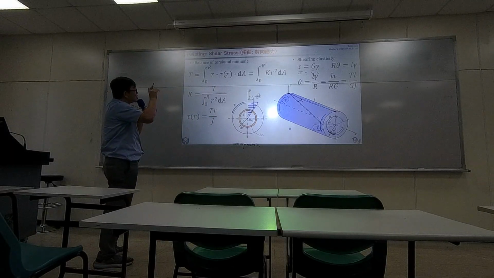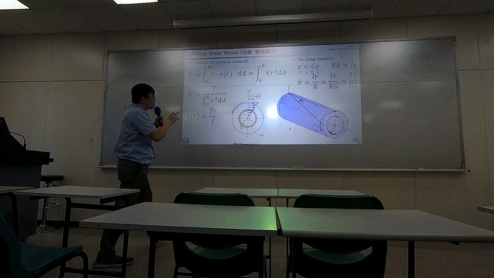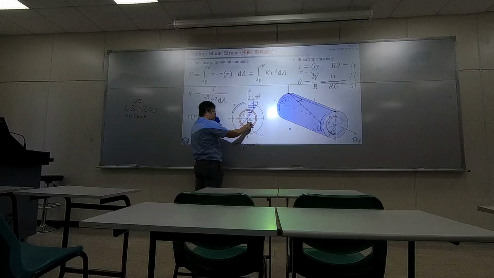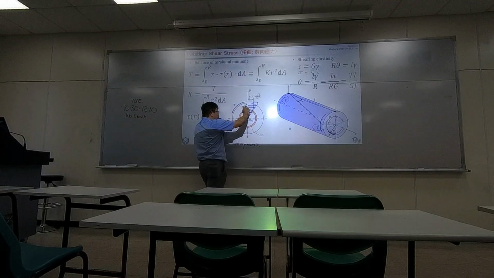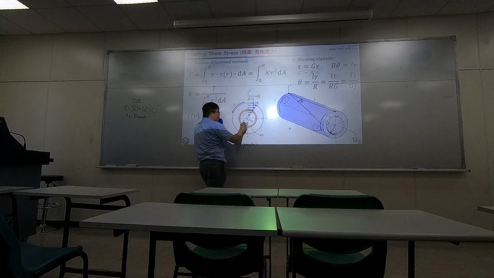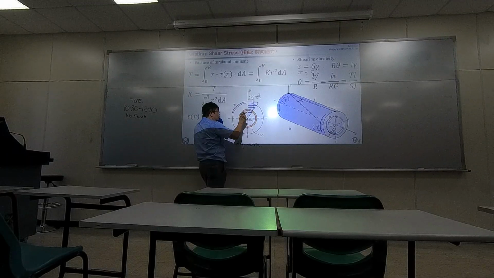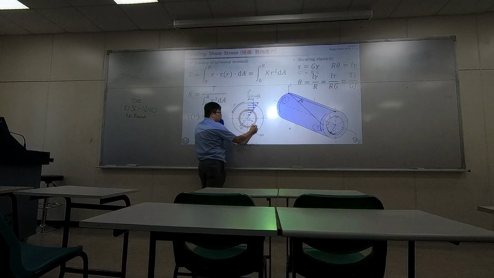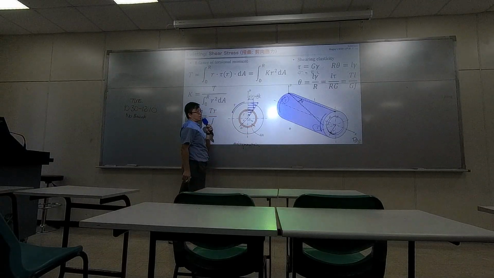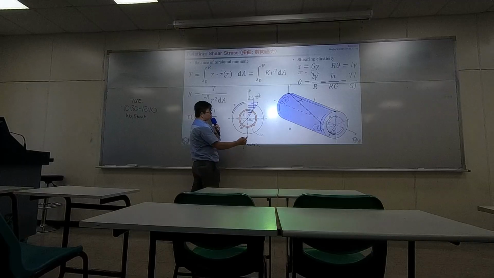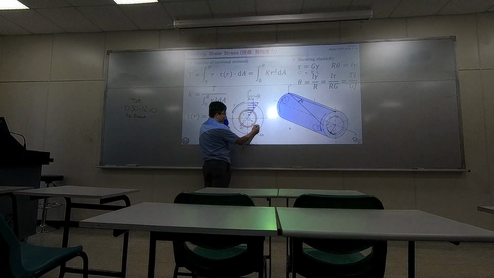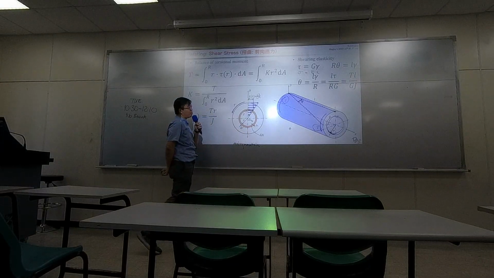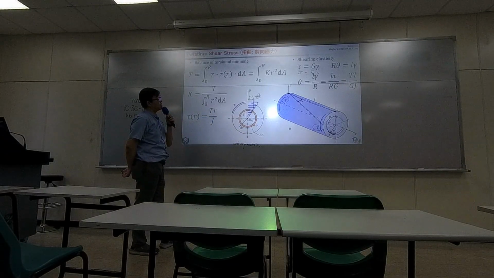And this tau is applied on this ring. We would like to study the stress everywhere on this ring. So the stressed area is the entire ring with super thin width. This width is going to be dr. Okay, so what would be the area dA?